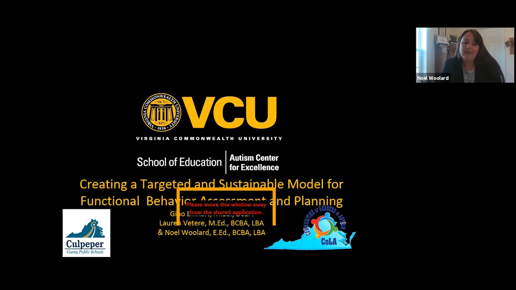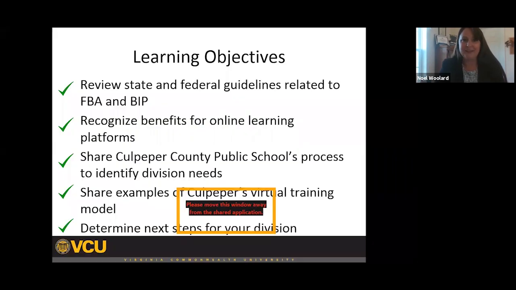So having an available FBA and BIP training platform online for division staff to access is more important than ever. We also believe that having an online training format is one additional way that we are more likely to see systematic systems change over time with our Culpeper goals. So we're really excited to be able to share this information with you today, and we, again, thank you for joining us.